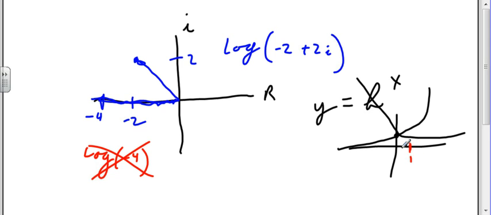So the log of 1 is going to be 0, and I'm going to have a function that looks like that, or a function that looks like this, depending on whether I'm positive or negative. Okay, so much for the theory.